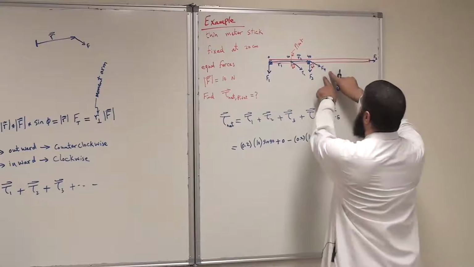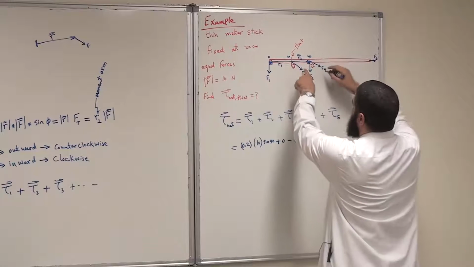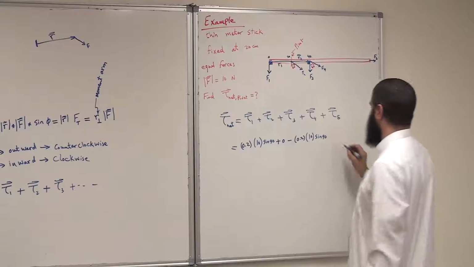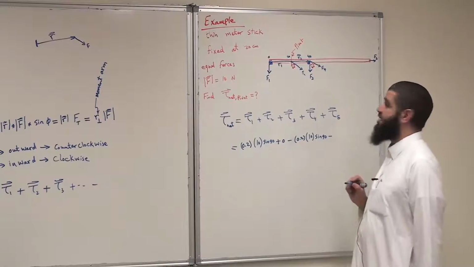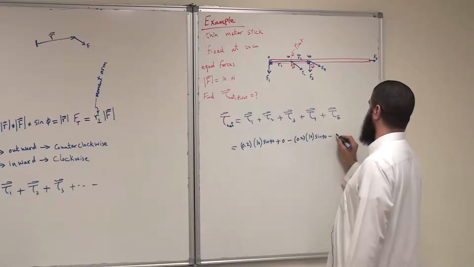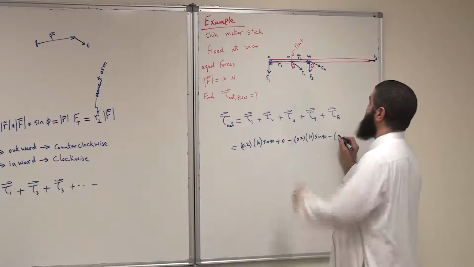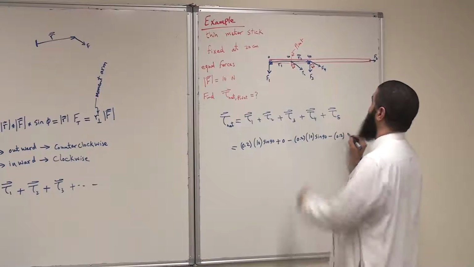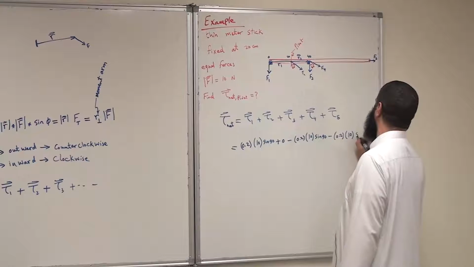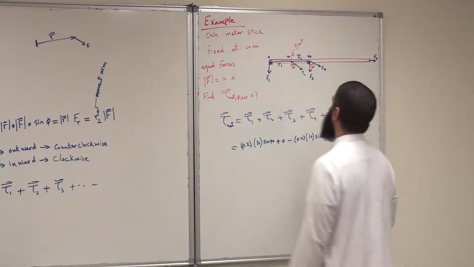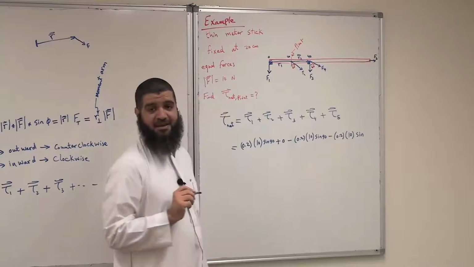Similarly, F4. F4 is also causing a clockwise rotation, so it will be negative again. This will be R, which is 0.2, multiplied by the force, which is 10, multiplied by sine of the angle between R and F4.